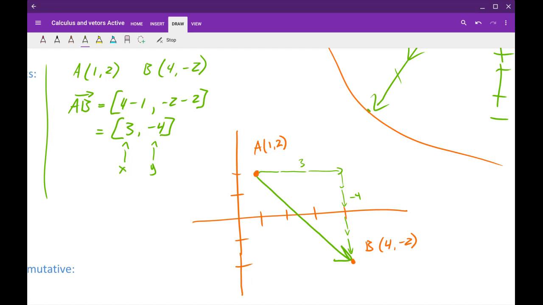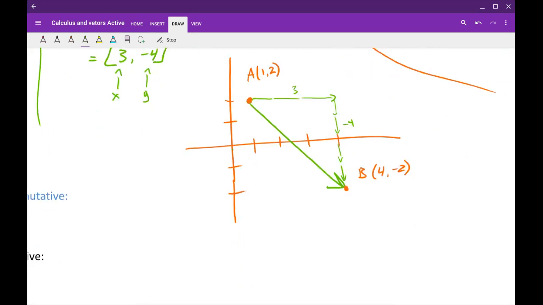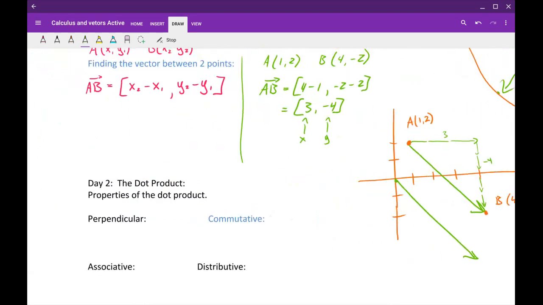That's what vector AB is. It has a magnitude and a direction. And remember, its location is not part of its definition, so it doesn't matter where it is. I can make an equivalent vector right here, which would be the same vector AB.